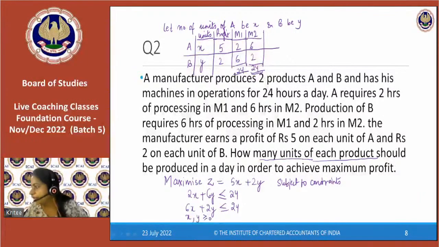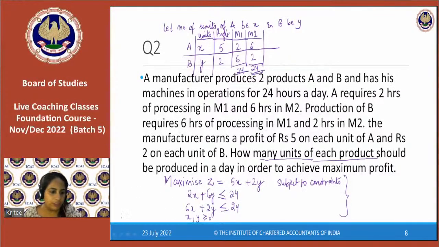They cannot be negative. You cannot produce units in minus number. There is nothing like -2 units produced. Either it is 0, 1, 2, 3, positive numbers that you are producing. So this is what my condition gives me. Is this okay? Good to go. So we will solve this now.